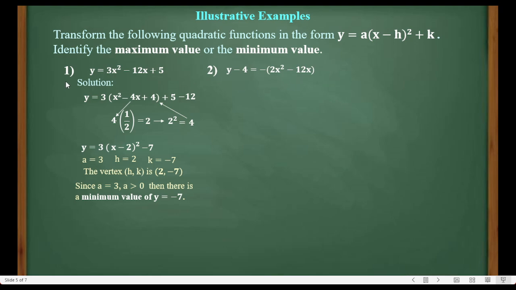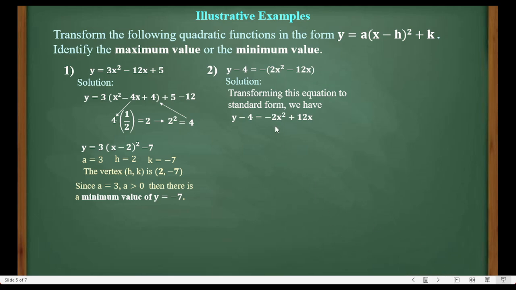So, just like in number 1, we are going to rewrite this to vertex form. Solution. Transforming this equation first to standard form. So, this is what will happen to the equation. Okay? Removing the open and closed parentheses, meaning those terms inside the parentheses, each one of them, we change their sign.